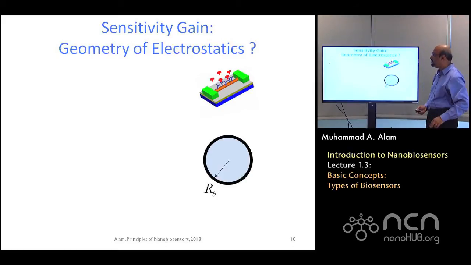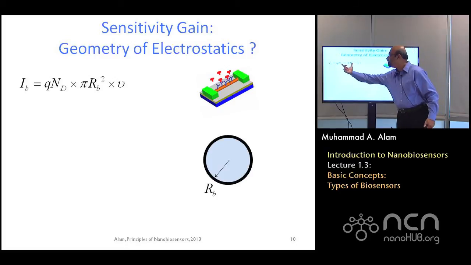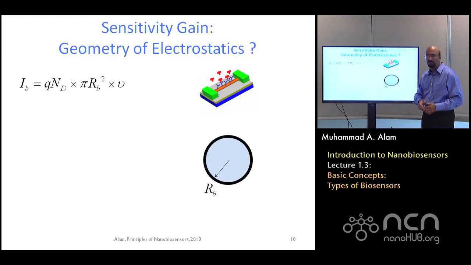So what will be the current? Very simple. You have the cross section, pi r squared. q and n is the density of free carriers, so that gives you the total amount of free carriers. v is the velocity, proportional to the drain voltage, mobility, and other things. Let's not worry about it. That's the total current before a molecule has been captured.